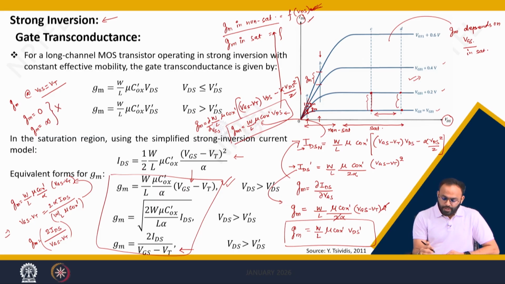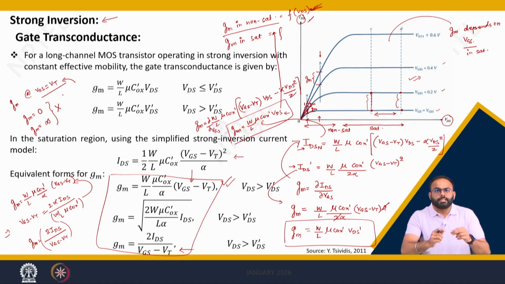Strictly speaking, we derived this GM model for the strong inversion region of operation, whereas when VGS equals VT, this is not strong inversion; this is near weak inversion. The calculation of these parameters is strongly dependent upon the region of operation, the values of the parameters, between which terminals the voltage is applied, and so on.